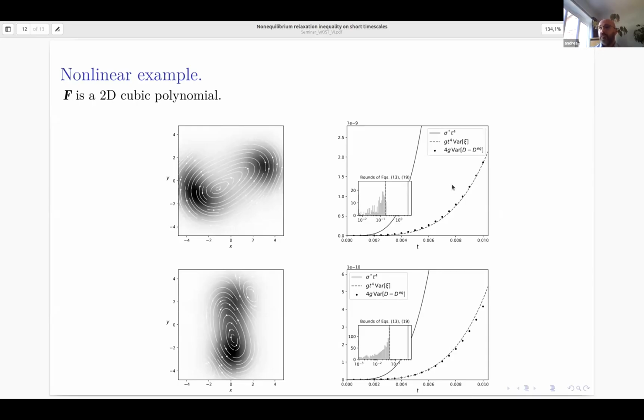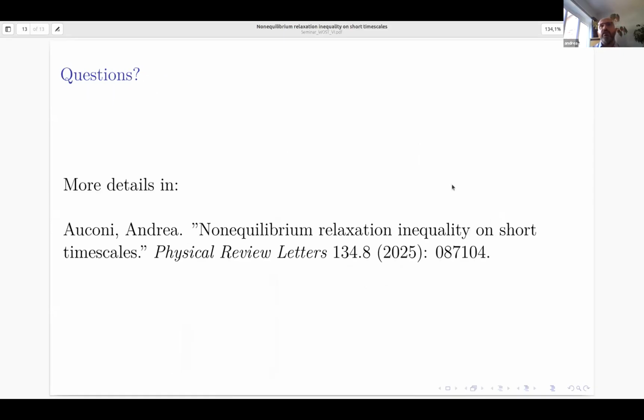It gives an inequality, a thermodynamic bound, which is quite wide, that's for sure. You can see that the dashed line still fits the data, meaning that the expansion still works for nonlinear systems, as expected. And this is all from me, with more details of course in the paper.